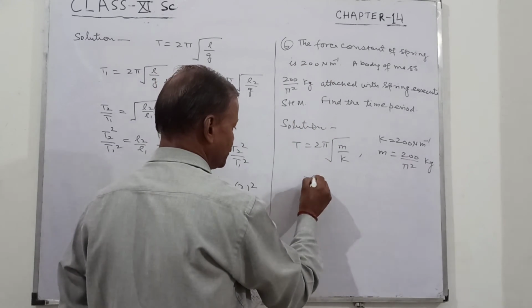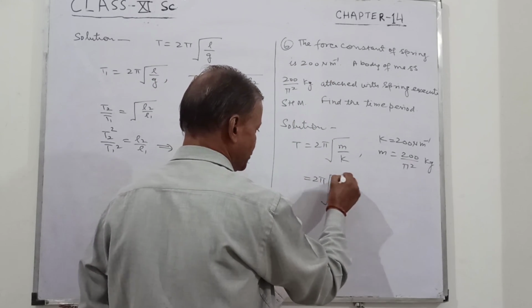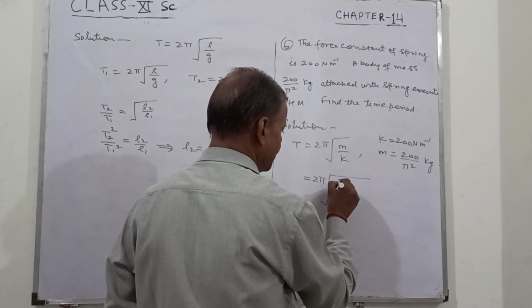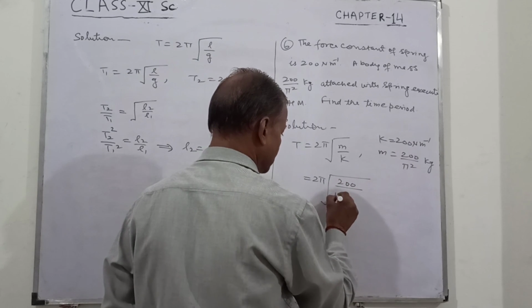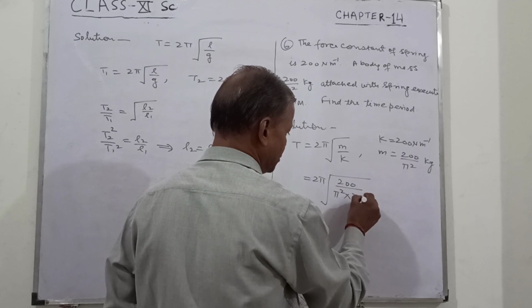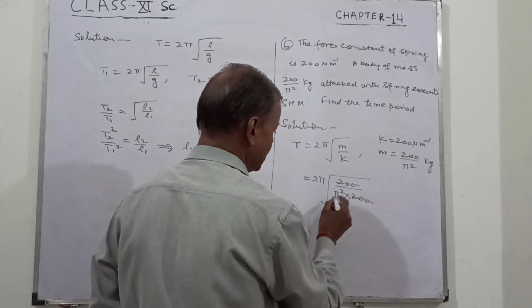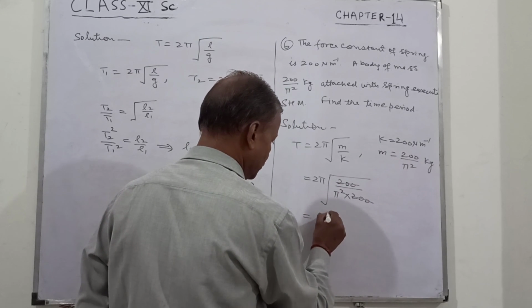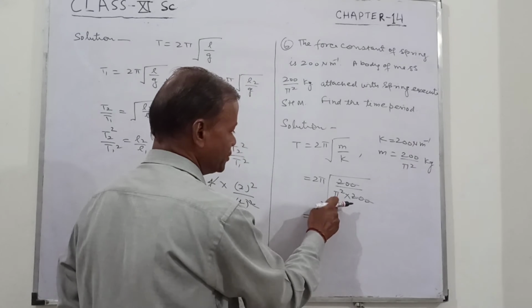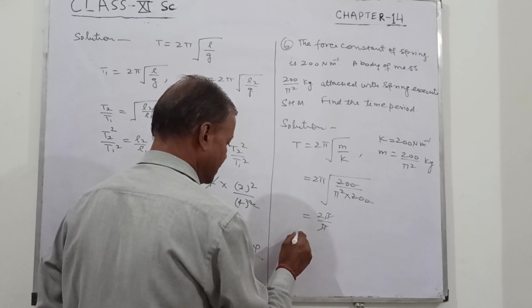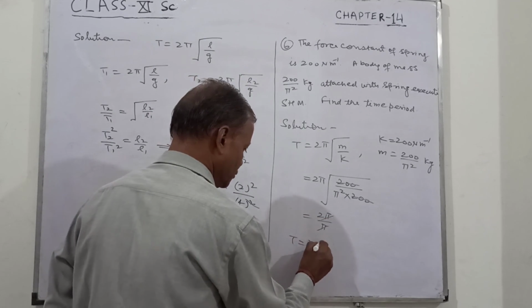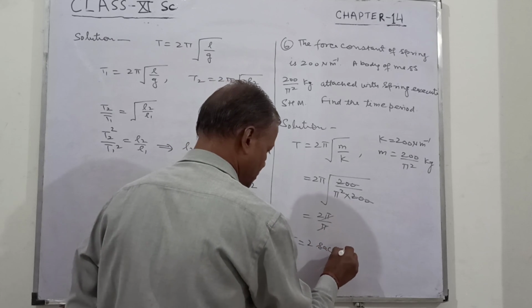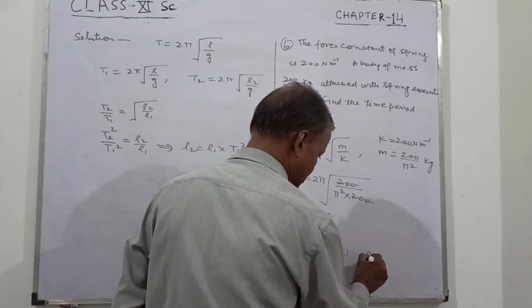You put these values: 2 pi square root of m upon k is equal to 200 upon pi square over 200. This 200 will cancel. This is now your 2 pi upon pi. Being a pi square, this pi and pi cancel. So T equal to 2 seconds. This is the answer.